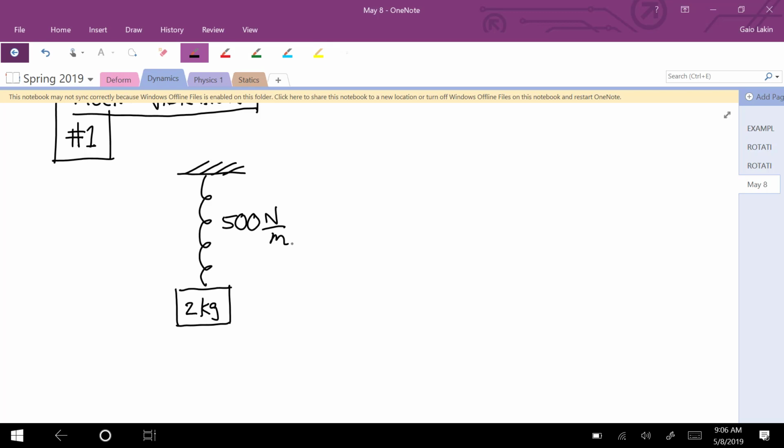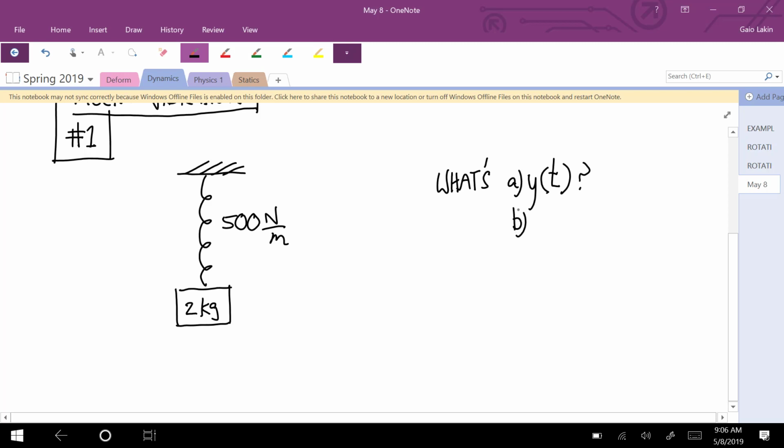So we first want to find y as a function of time, and then we want to find the frequency.